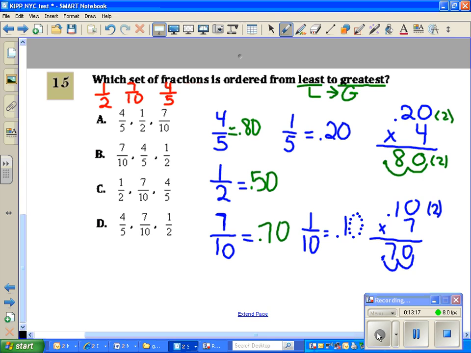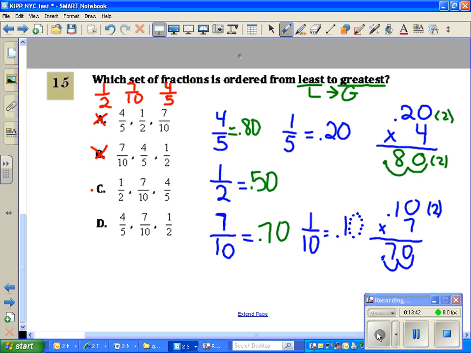I'm just going to look to see which one matches that now because I did all my work already. So I'm going to look at choice A. Choice A starts with 4/5, so it can't be choice A. I look down, letter B says 7/10. 7/10 can't be the answer first because I need to have 1/2 first.